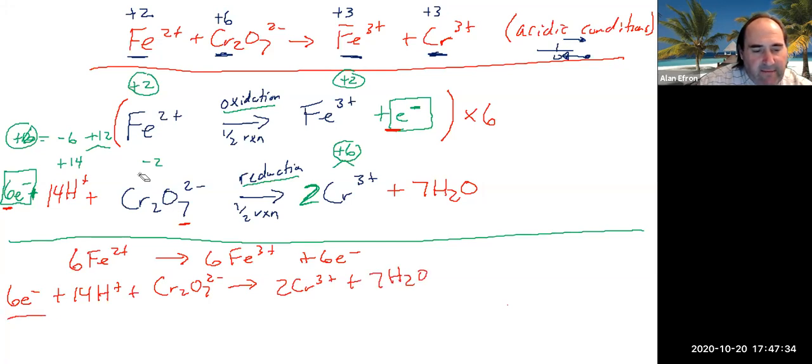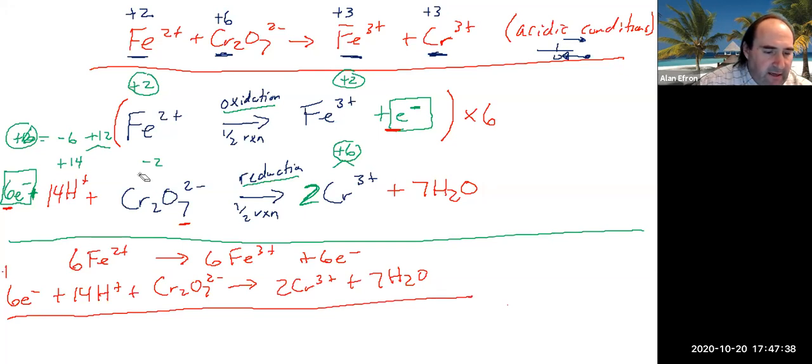Now that I have the same number of electrons on both sides, we could add both of these reactions back together. So when we add both of these reactions back together, everybody on the left-hand side of the arrow stays on the left. Everybody on the right-hand side stays on the right-hand side. And anything that's the same on opposite sides of the arrow will cancel out. So, for example, I'll just carry everything down first.